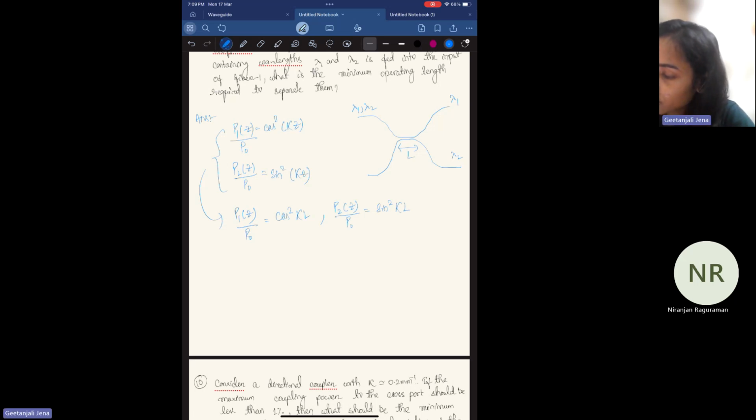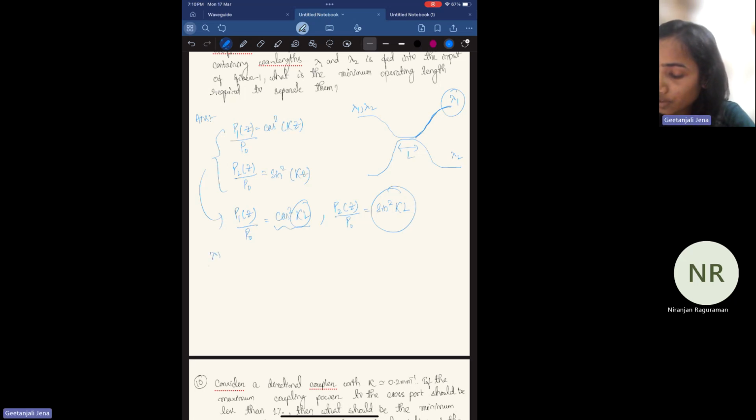And if you recall, if you want to separate out lambda 1 here, for P1 we have cos square kappa L. So that means kappa L should be some multiple of pi so that it can come out through this port. And for lambda 1, if you put the formula for P2, which is sine square kappa L, when kappa L is m pi, this P2 will be 0.